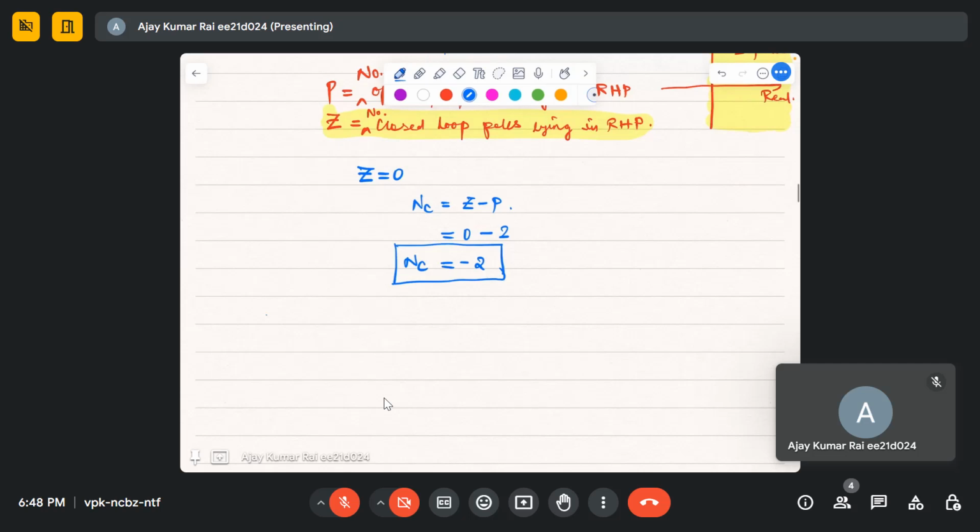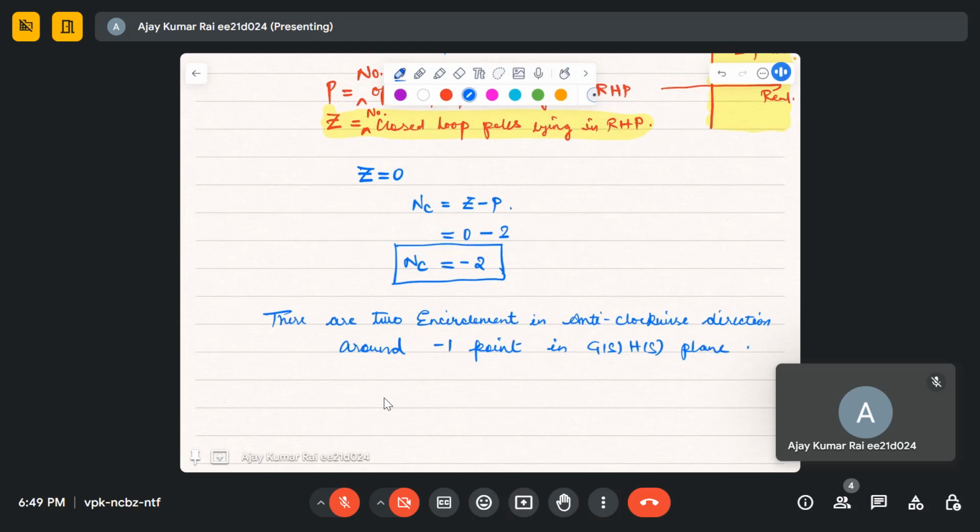That means there are two encirclements, and because of the minus sign, in the anti-clockwise direction, around the -1 point in the GSHS plane.